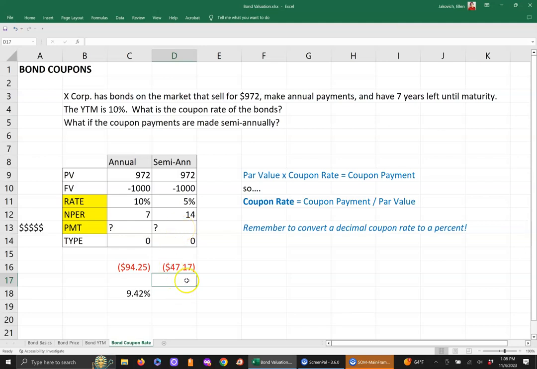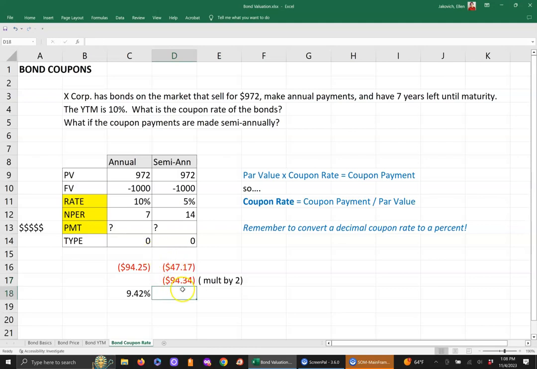We need to convert that. The first thing we're going to do is multiply it by 2. So let's say, in parentheses, multiply by 2, we'll put that right here, equals this times 2.